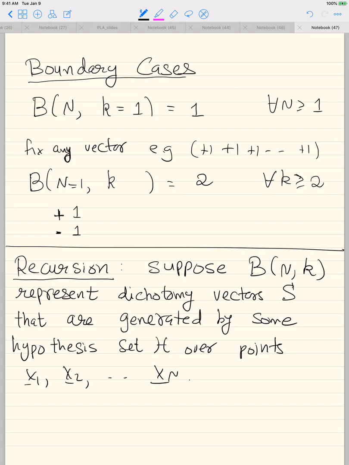Just for our own convenience and to break the argument, what we will assume is the following. We have the dichotomy vectors, which is the collection of vectors of length n under the constraint that no k coordinates are shattered. We will assume there is some hypothesis class H generating it, obtained by evaluating it over x1 to xn.